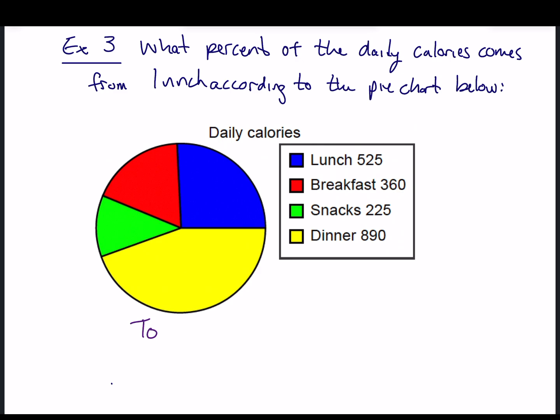Well, our total calories are equal to 2,000 total calories. Our lunch calories from our chart tell us that we have 525.